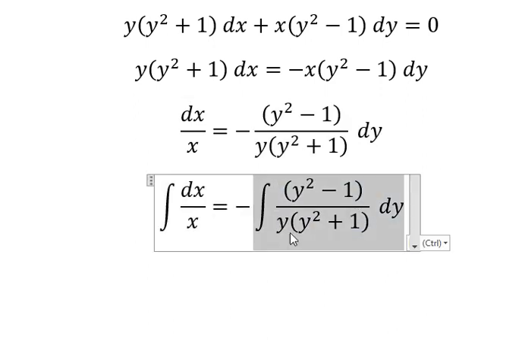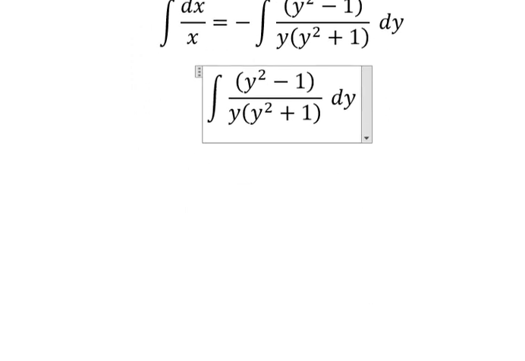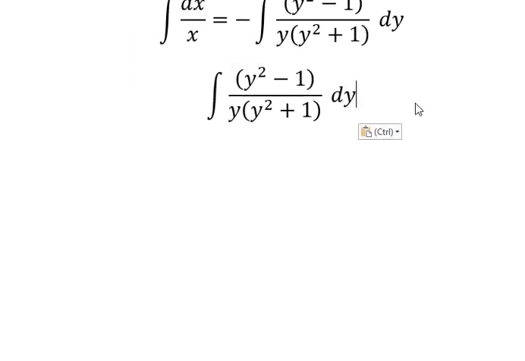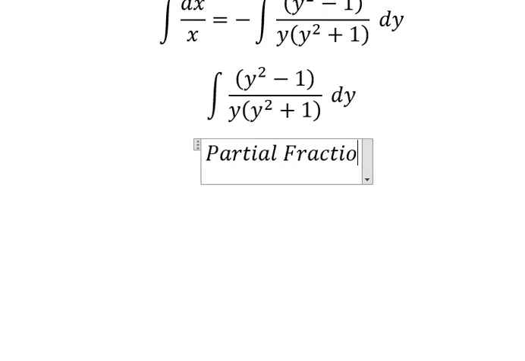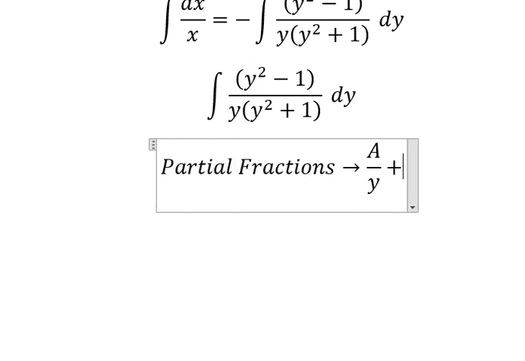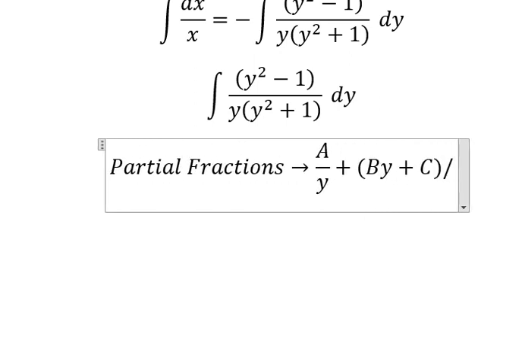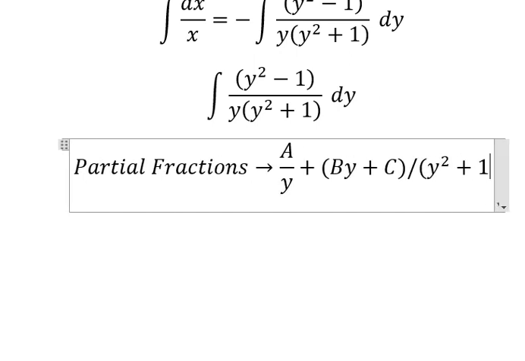Now we need to focus on this one. For this one we can use partial fractions. So I will put A over y plus By plus C over y squared plus 1.